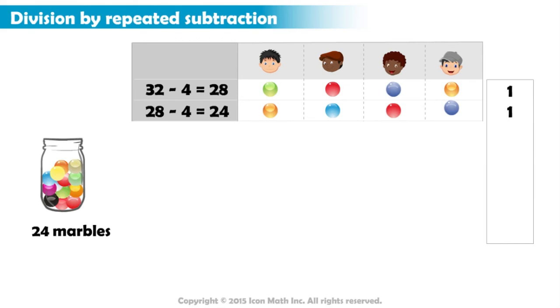Now, we take another 4 marbles, leaving us with 20 marbles. Again, we note this with a 1 across the margin.